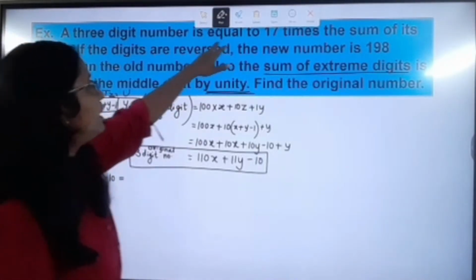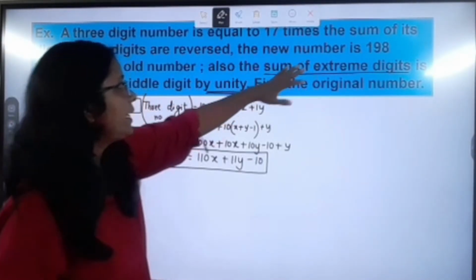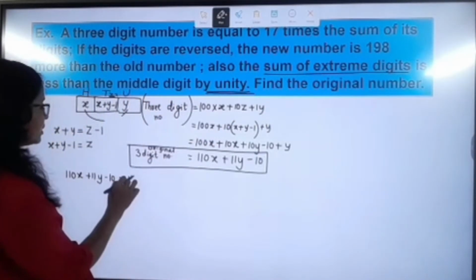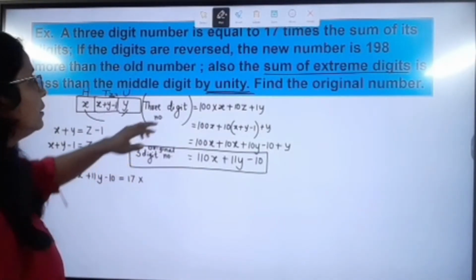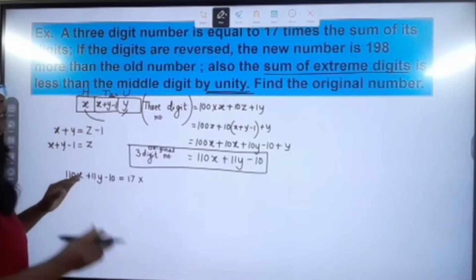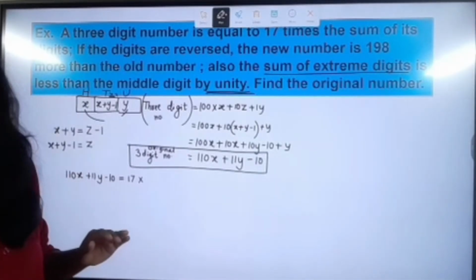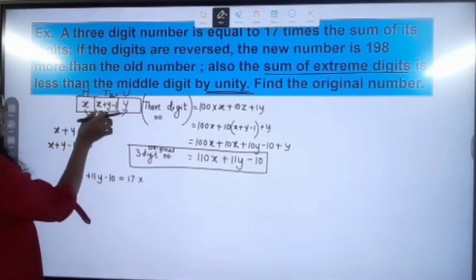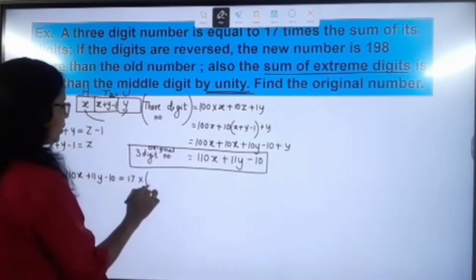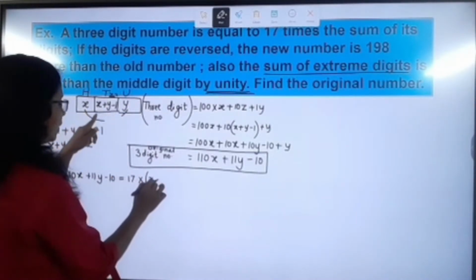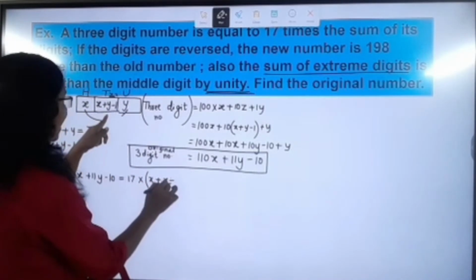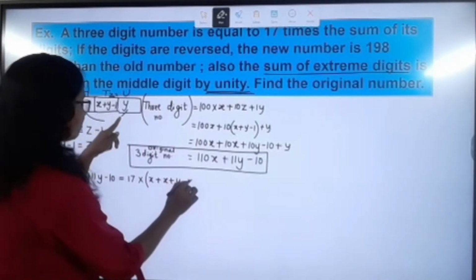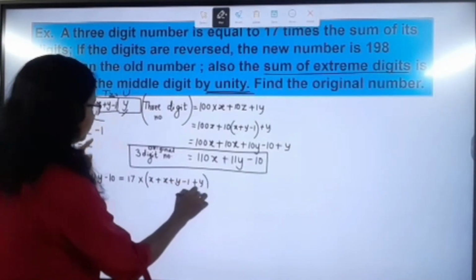is equal to 17 times the sum of its digits. So the digits are x, y, and z, so the sum of digits is x plus y minus 1 plus y.